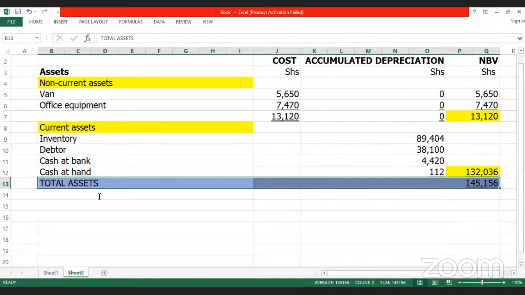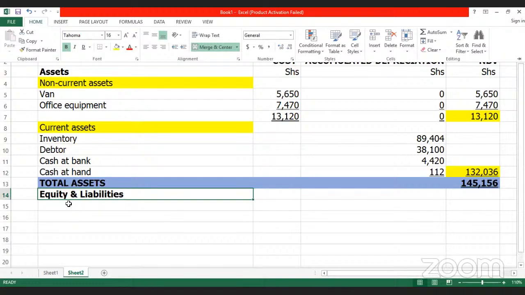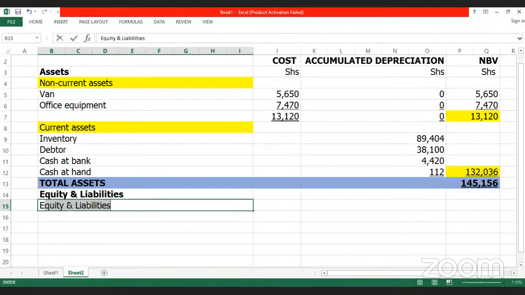From there, we have to move to equity and liabilities. I'll start with equity.